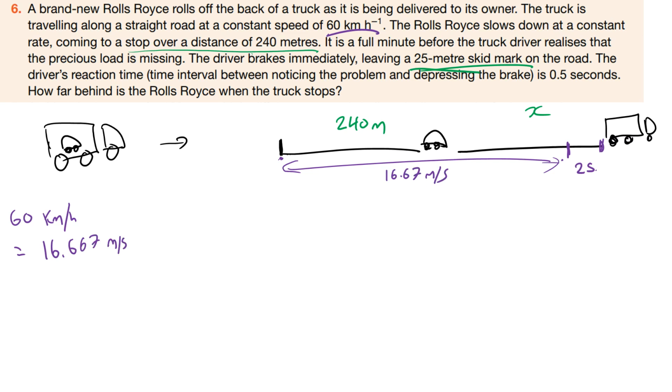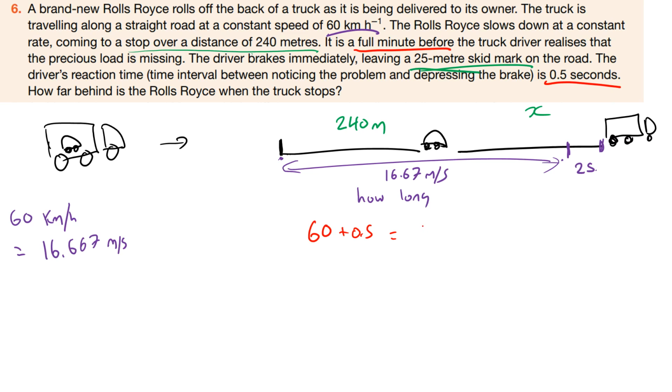So now we're not looking at how far it is, but we're looking for how long. Well, it just so happens that they tell us this in the question. It says that the driver brakes immediately after a full minute, so we've got 60 seconds before the driver brakes, but it takes 0.5 seconds for the reaction to kick in.